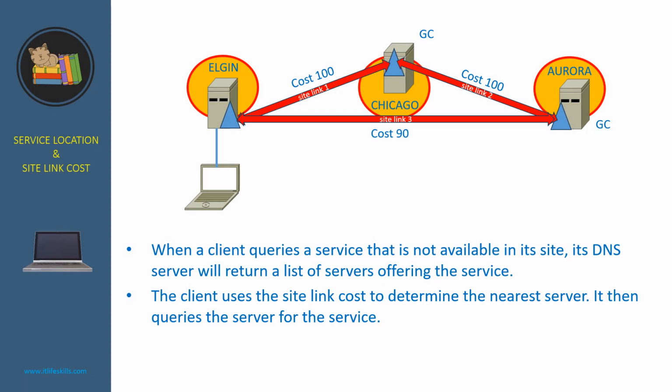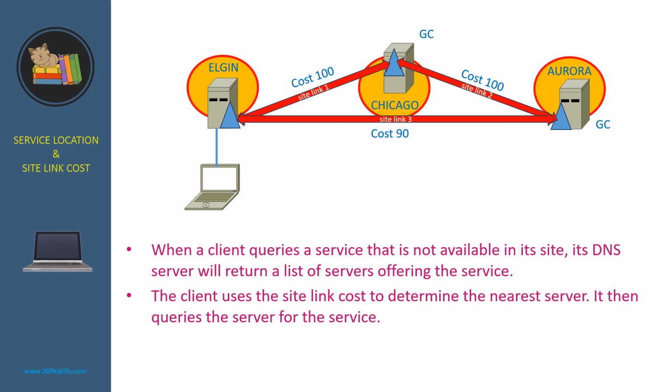Let's learn about service location and site link costs. When a client queries a service that is not available in its site, its DNS server will return a list of servers offering the service. The client uses the site link cost to determine the nearest server. It then queries the server for the service. For example, this client wants to query a global catalog server, so it queries its DNS server in Elgin site.